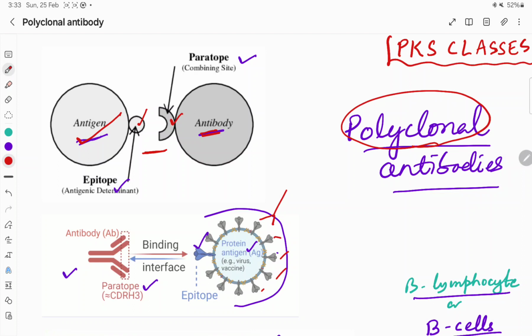Antibodies are Y-shaped structures. This is another antibody, another antibody, and another antibody. This mixture of antibodies, we call polyclonal antibodies, which can target different epitopes on the antigen.